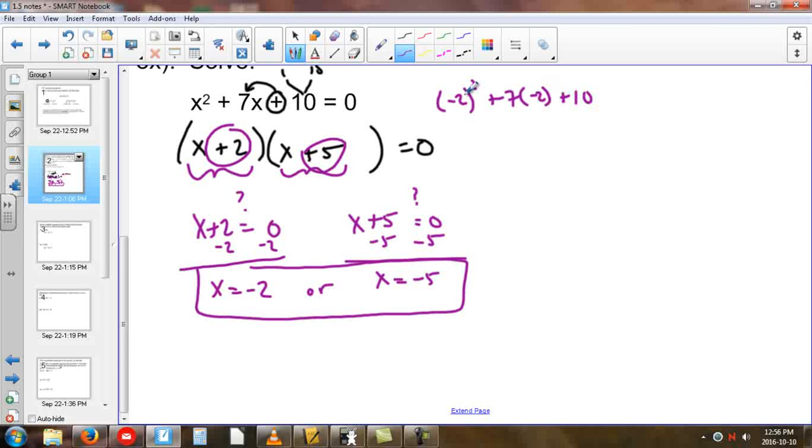Let's see what happens. Negative 2 times negative 2 is 4, plus 7 times negative 2 is negative 14, plus 10. A 4 and a negative 14 is negative 10. Negative 10 plus 10 is 0, just like I was supposed to get. So factoring is a pretty quick and easy way to get to the zeros or the solutions right away.